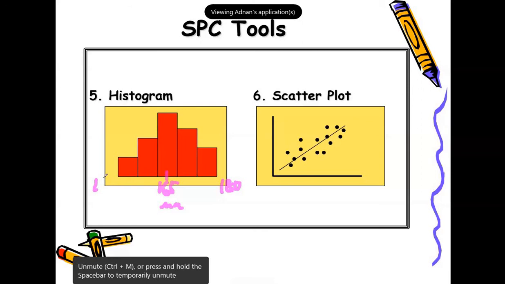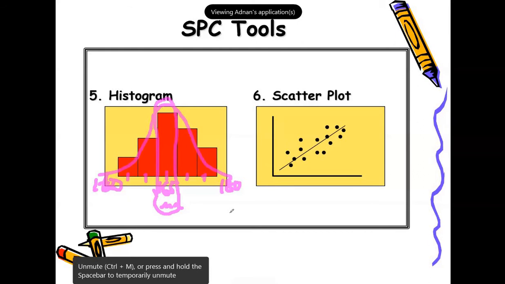Maybe 140, for example. So here maybe 145, 155, and here will be 175 and so on. Most people will be in this region. So if the shape is like this, we call it normal distribution.